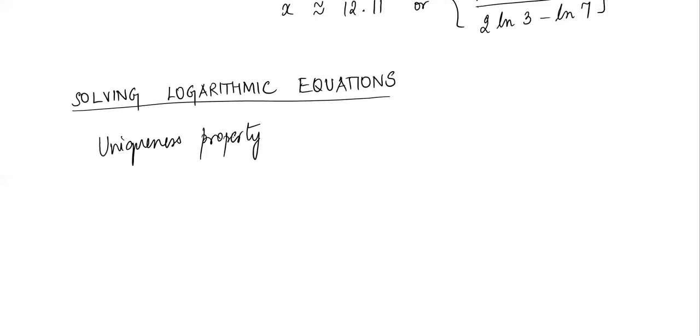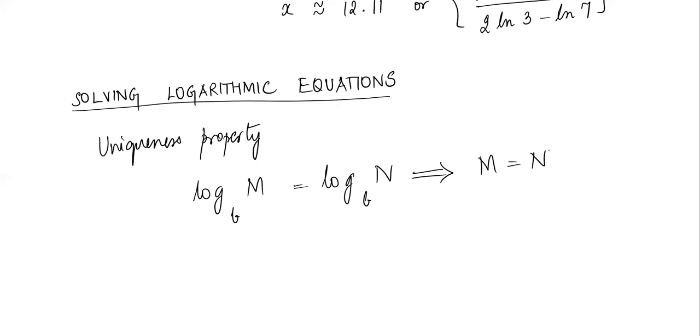You could do the conversion wherever it works to convert from logarithmic form to exponential form in order to solve for x. But you could also use the uniqueness property, which says if you had log m to the base b equal to log n to the base b, implies m equals n. Same concept with the exponents. If the base is the same, then their powers must also be the same. In this case, if the logs are the same, then their arguments must also be the same.